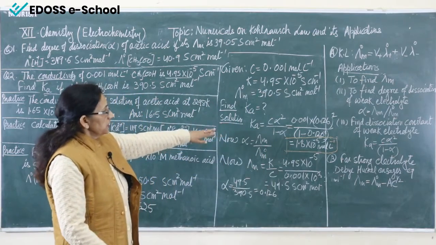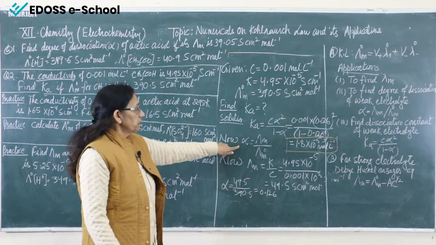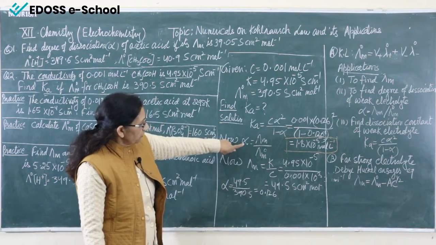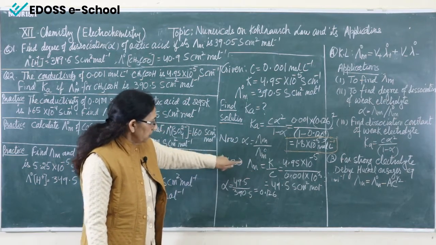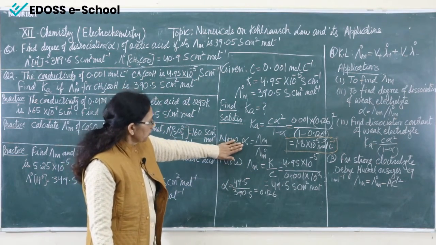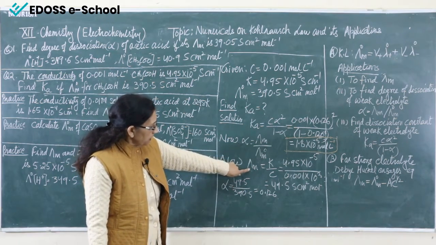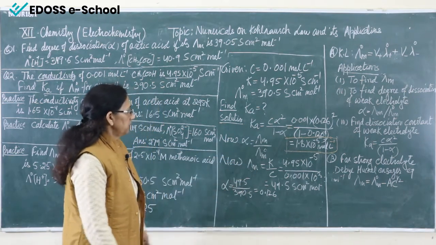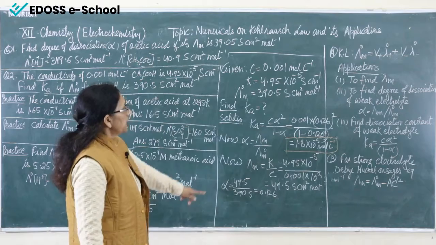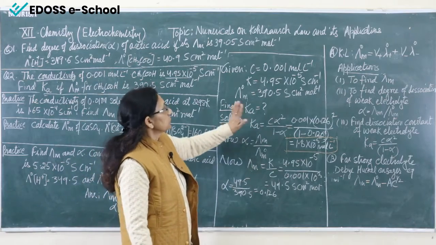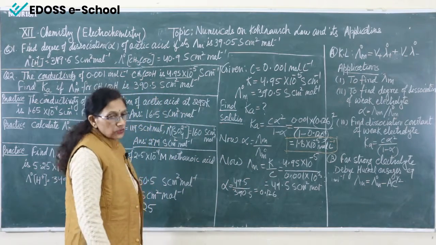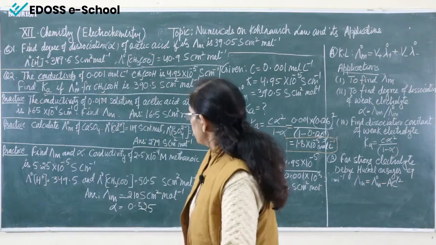So you can say that for finding Ka, first we have to find alpha, and to find alpha we have to find lambda m, and in this way at last we got the answer of this question. Okay, so this was our second question.